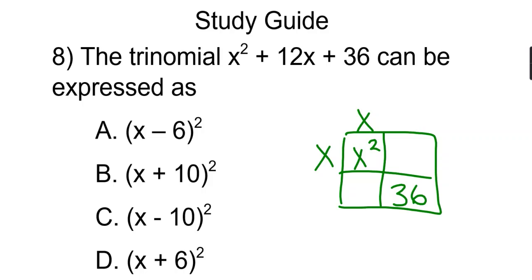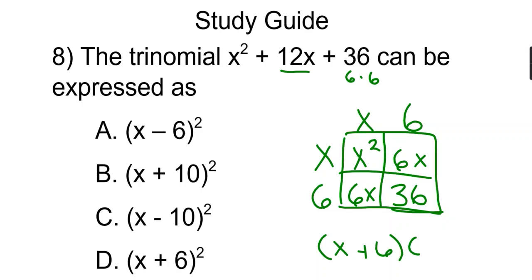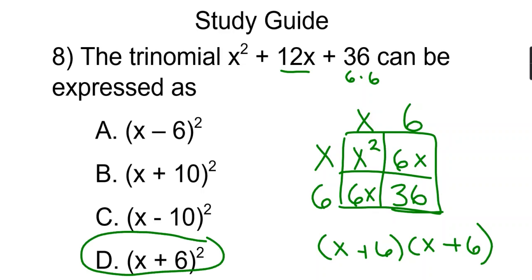So 6 times 6 is 36, and also adds up to 12. So we have 6x here, 6x here, 6x plus 6x gets us the 12, 6 multiplied by 6 gets us that 36. So it's x plus 6 times x plus 6, which can be written as x plus 6 squared.